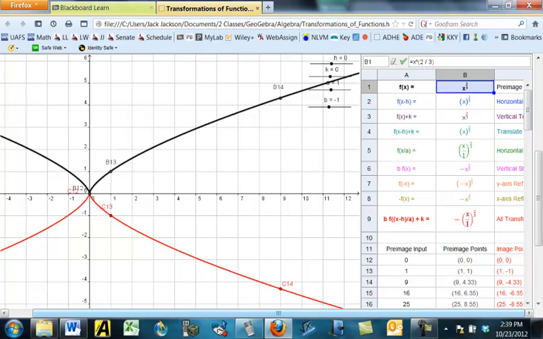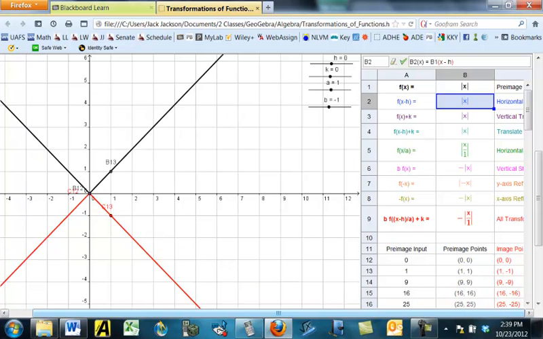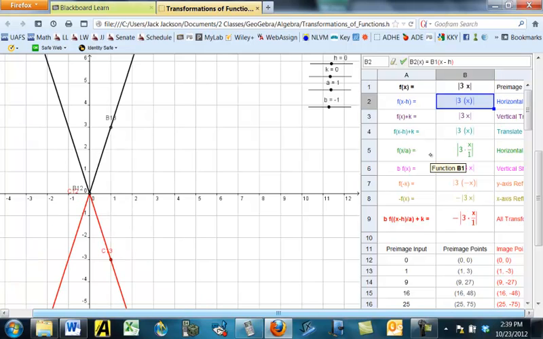Or I can change it to absolute value of x. Like that. It's been flipped over. How about a little stretch in there? Whatever we do, we still get just a flipped over thing here.